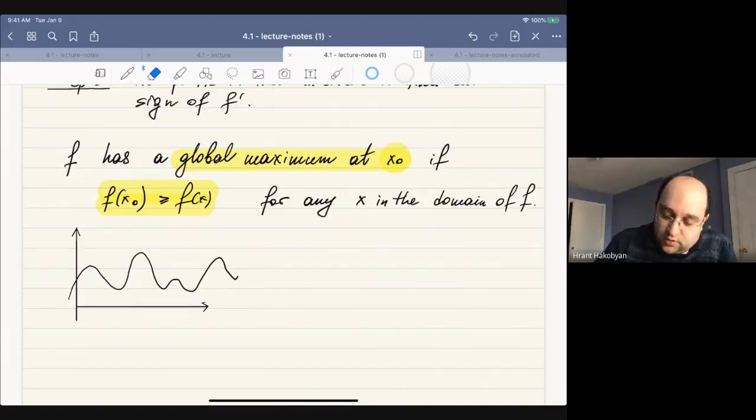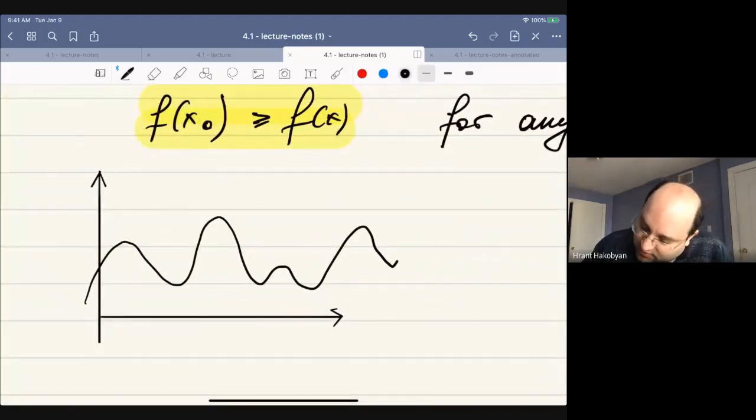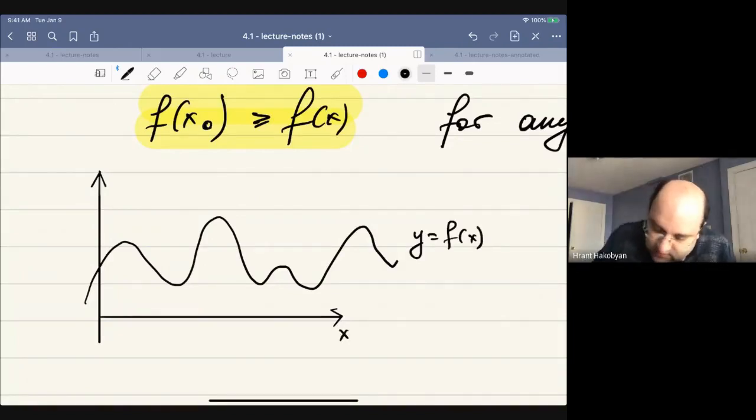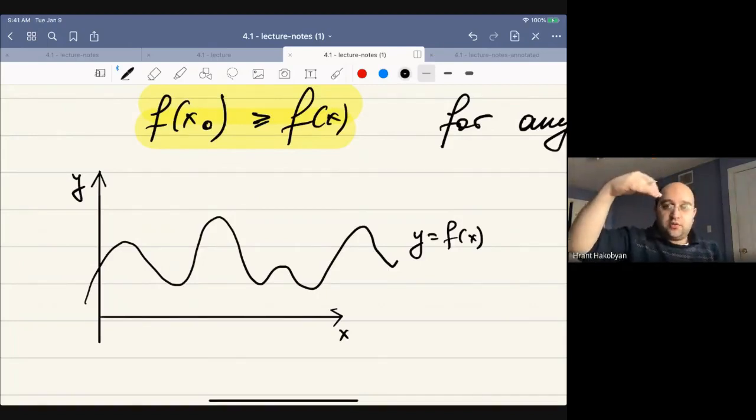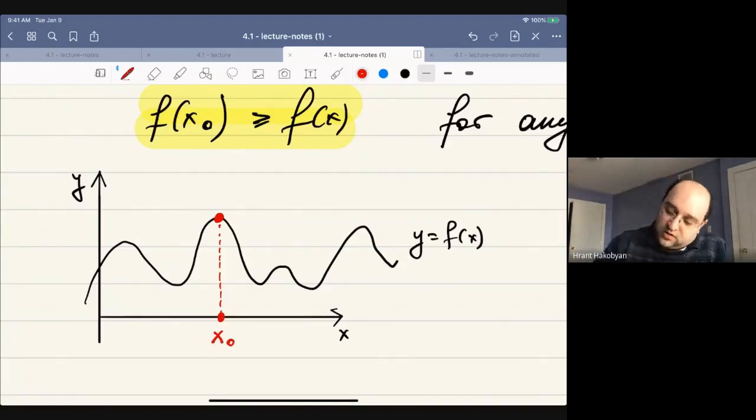On this graph, this is your y equals f of x. This is x. This is y. And you want to find the highest point on the graph. In this case, it's going to be this point here. So that's the highest point. You have the corresponding point x naught, right? This is my x naught. So then this one would be my global maximum.